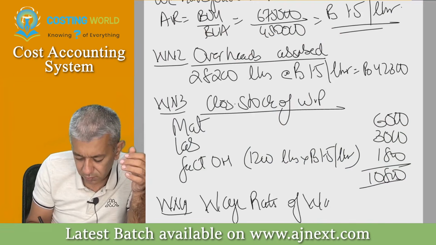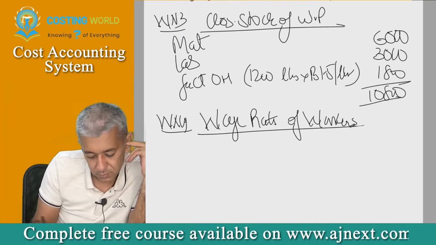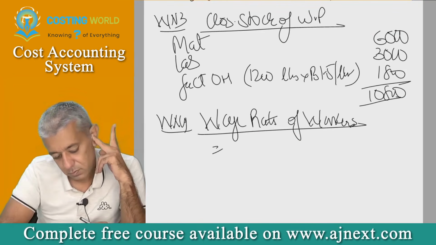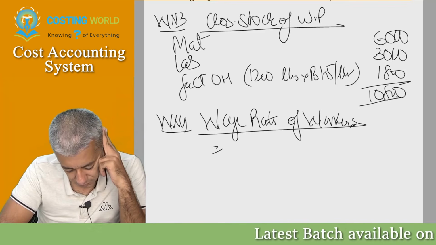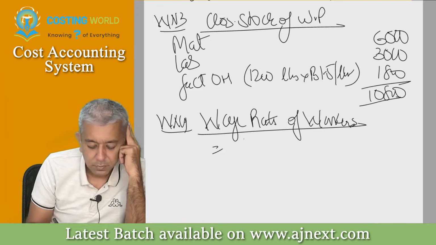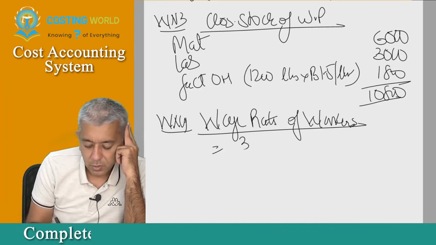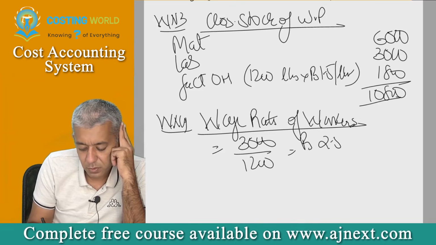Wage rate of workers. 3,000 upon 1,200 is equal to rupees 2.5 per hour.